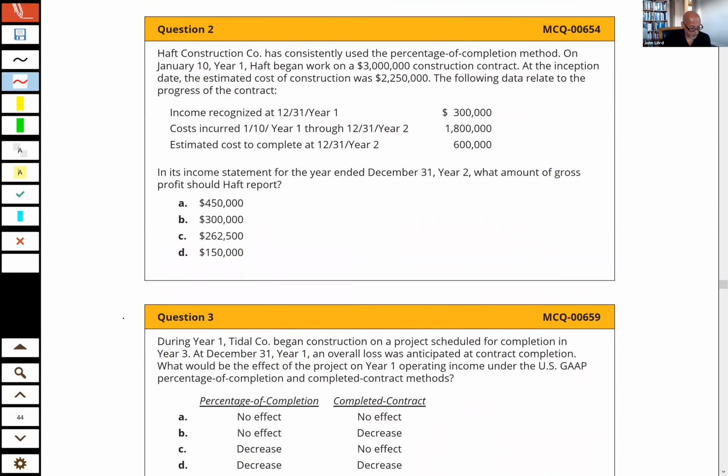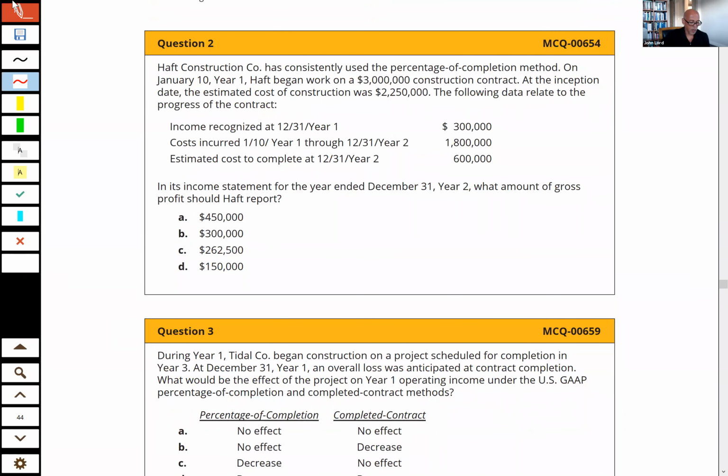I think we're best off focusing on the determination of the profit, because when you look at most of the questions, that's what they're going to ask you. They're not going to ask you journal entries. They're going to ask, can you determine the profit? And then they might ask you one or two questions about liability versus current asset versus current liability. So that's why I focused on those things.